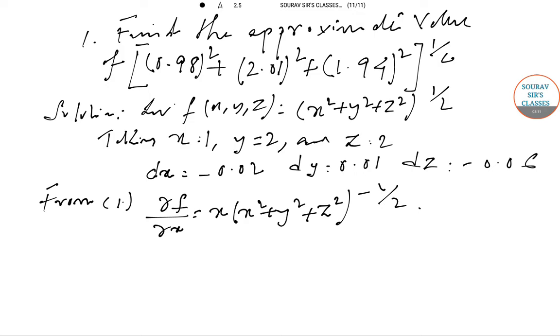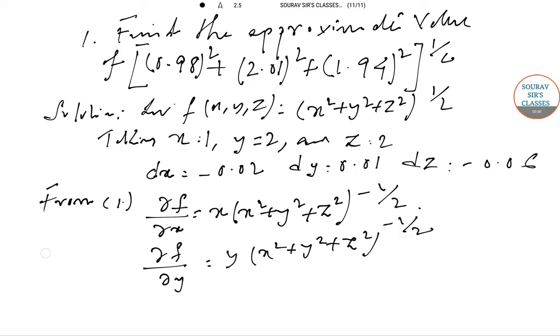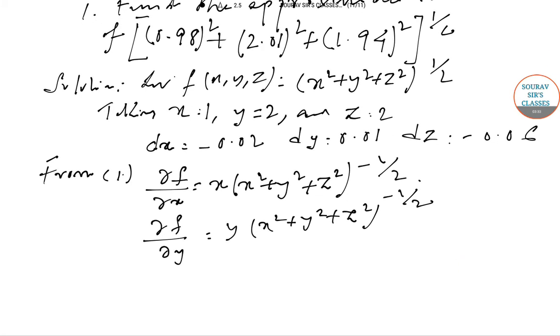Then df by dy is equal to y into (x square plus y square plus z square) to the power minus half, and then df by dz is equal to z into (x square plus y square plus z square) to the power minus half.